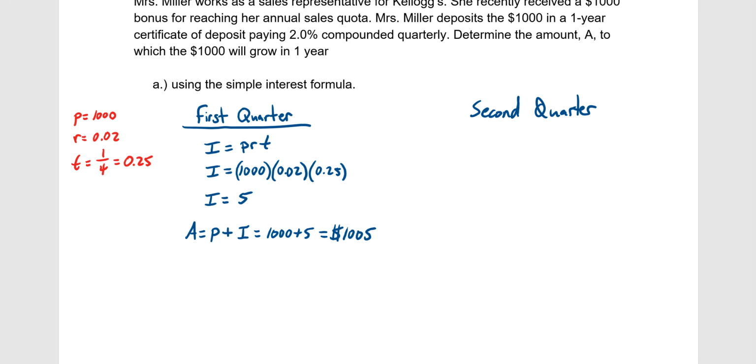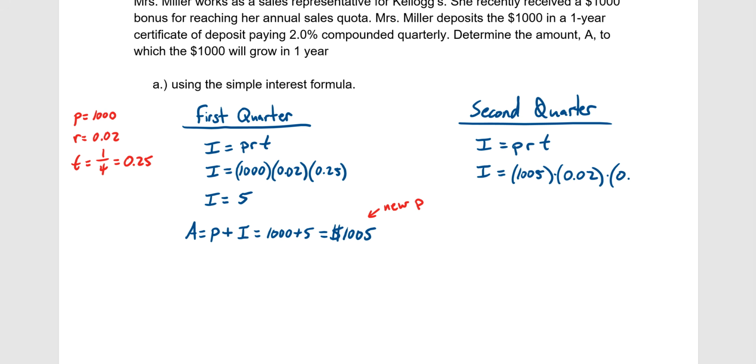Okay, so same exact formula. We're going to have I equals PRT. The P, like we just said, is going to be this value right here. Let's go ahead and plug it in. That's going to be 1,005 times the interest rate, which is the same, 0.02, times the time.